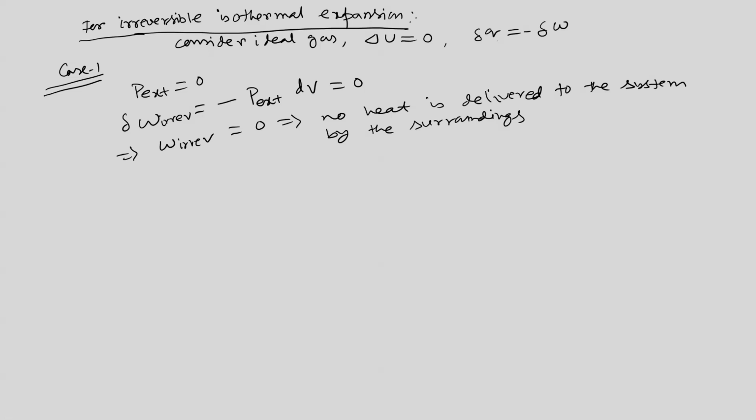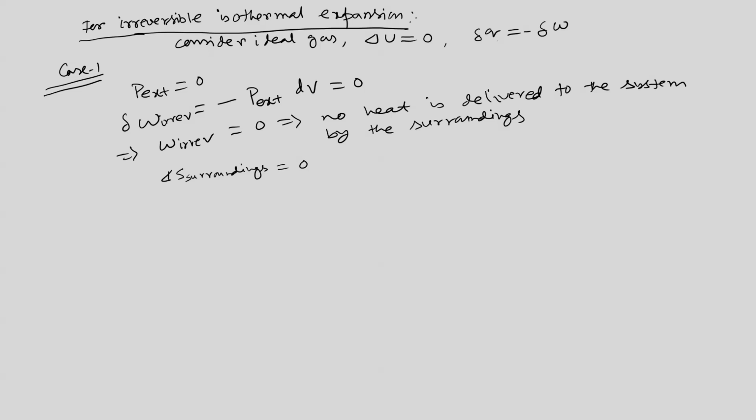When external pressure is 0, no heat is delivered to the system by the surroundings, so there is no entropy change of the surroundings. So delta S surroundings is 0, right. Now, what about delta S system?